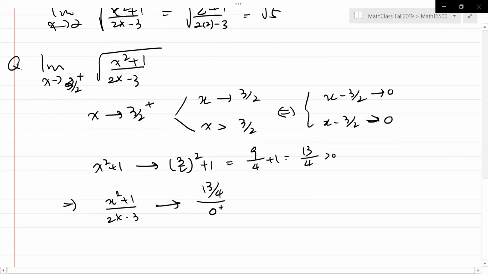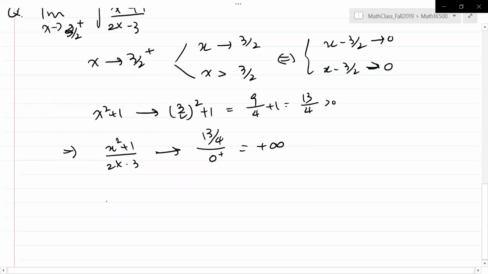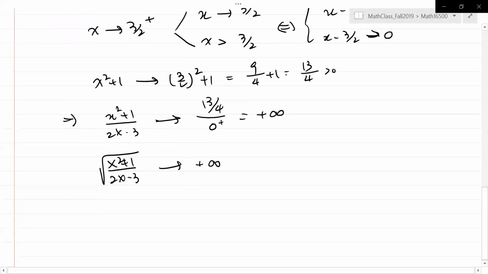Now, 0 plus has no meaning by itself, but I'm just telling you this is a limit. So this should be equal to positive infinity, because the denominator is getting smaller and smaller and positive, so the quotient is getting larger and larger, positive and large. That's why the limit is going to be positive infinity.